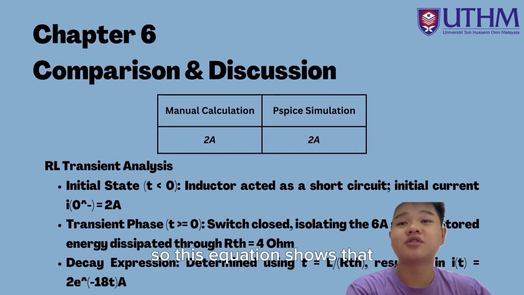So this equation shows that current decreased from 2A to 0A, which matches the simulation graph. Therefore, we can conclude that the manual calculation and the simulation agree with each other.